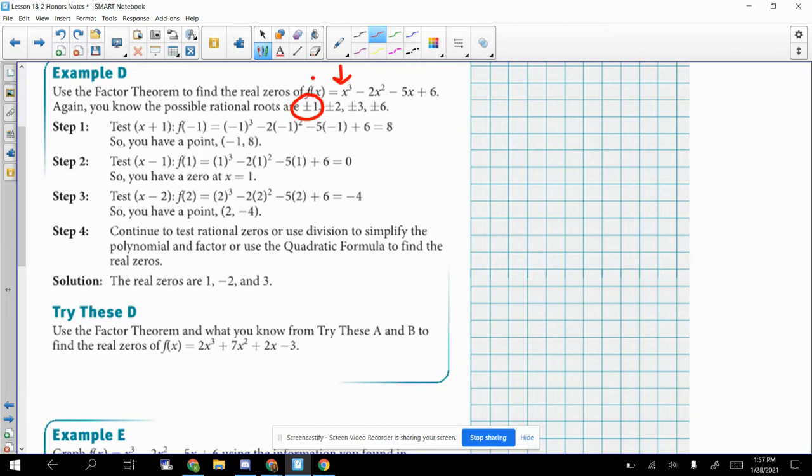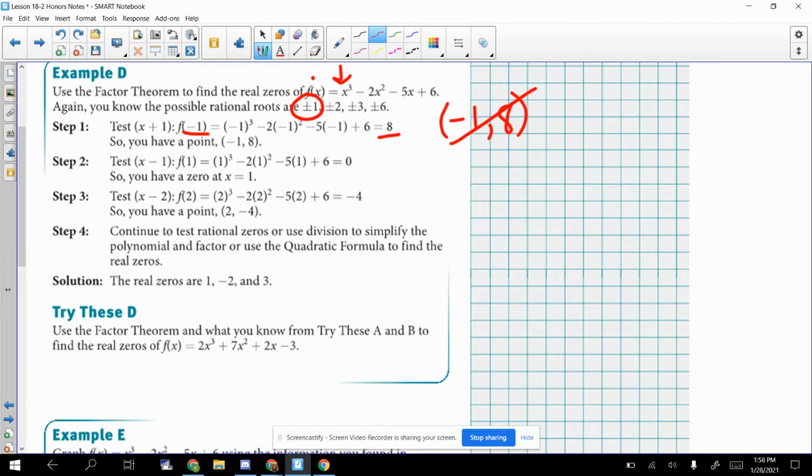So they started again with negative 1, and they plugged it in for all of the x values. So negative 1 cubed minus 2 times negative 1 squared minus 5 times negative 1 plus 6. And again, they got 8. So again, they know negative 1 comma 8 is one of the points, but that is not a 0.